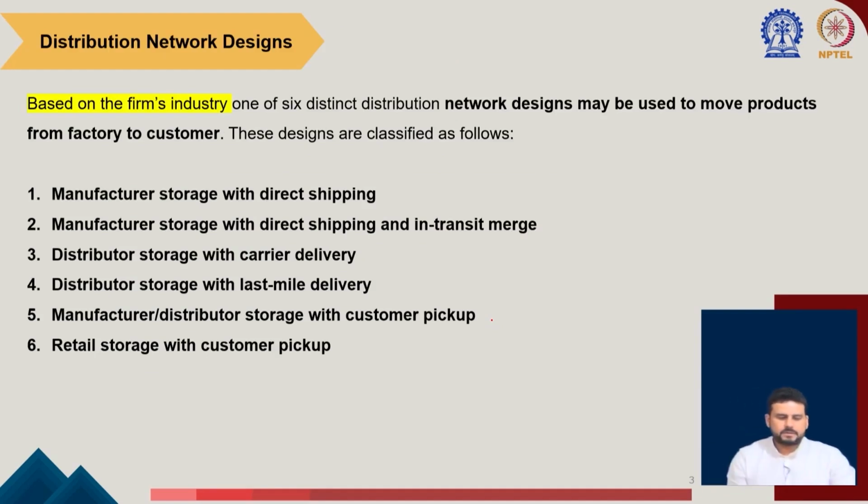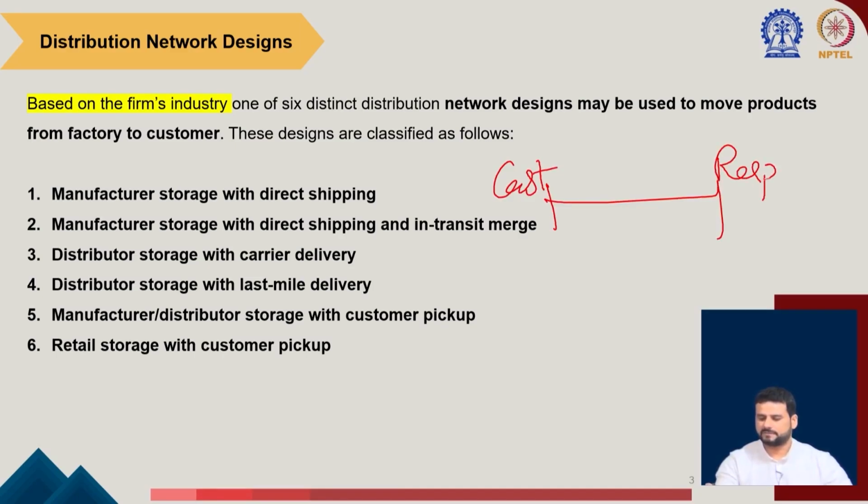Distribution network design. Obviously it is based on the firm, industry, product nature, or what type of services you want to deliver, right. Already we are talking about one end being your cost parameter, another end being your responsiveness.